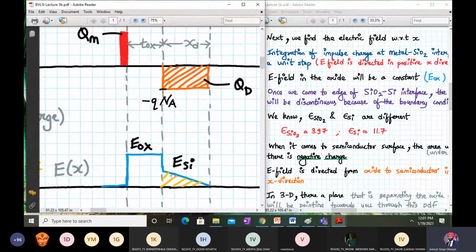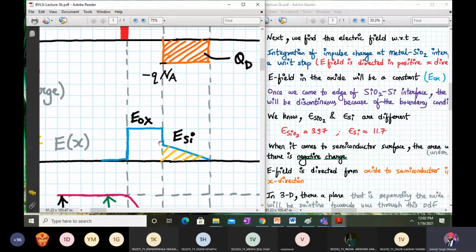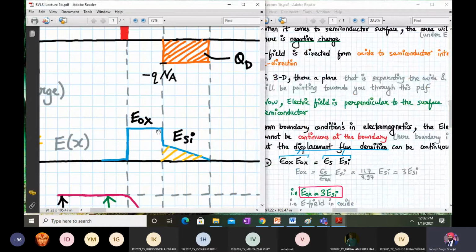In three dimensions, there is a plane separating the oxide and the semiconductor, and the electric field is perpendicular to it. From the boundary conditions in electromagnetics, the electric field cannot be continuous at the boundary, here the Si-SiO2 interface, but the displacement flux density will be continuous.